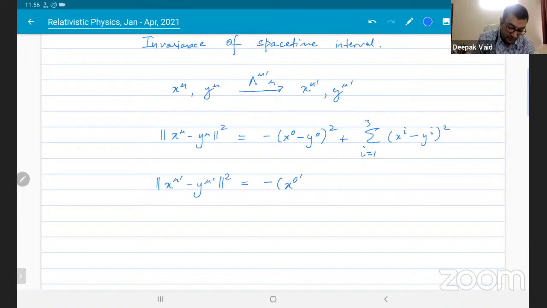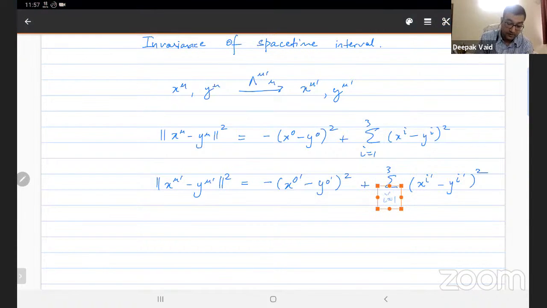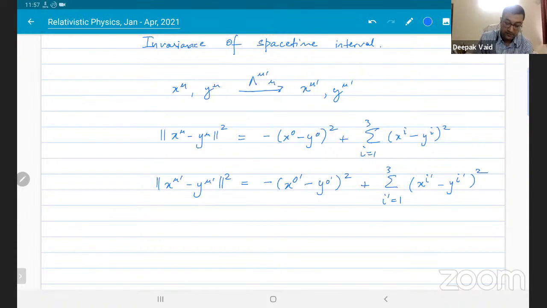So what will that be? Squared. Exactly the same thing, only for the prime coordinates, right? And what is the property of the Lorentz transformation?